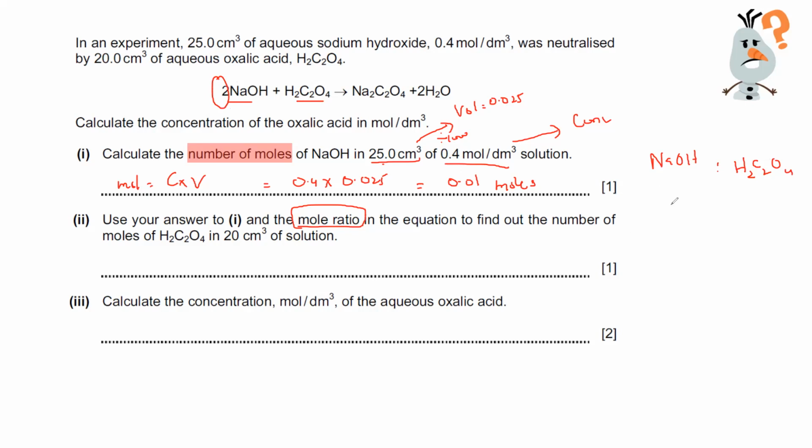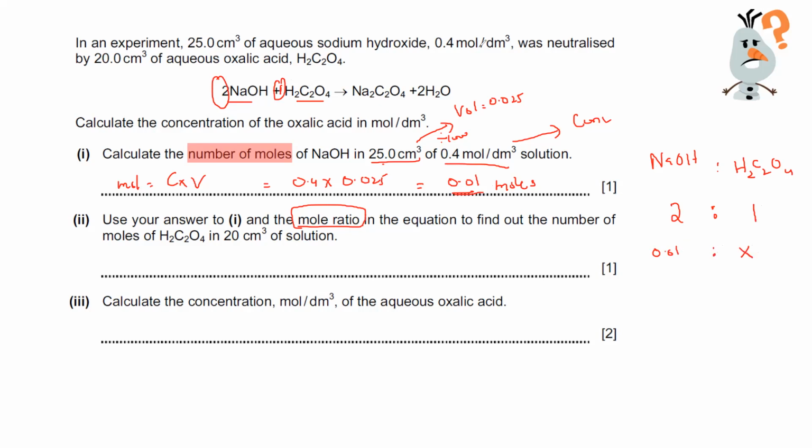That's 2. And how many moles of oxalic acid, H2C2O4, according to the equation? Because nothing is written, it means 1. So 2:1 is the ratio between them. We worked out in the previous part that we have 0.01 moles of sodium hydroxide. How many moles of oxalic acid will there be?